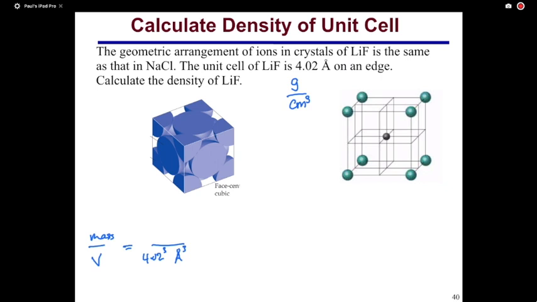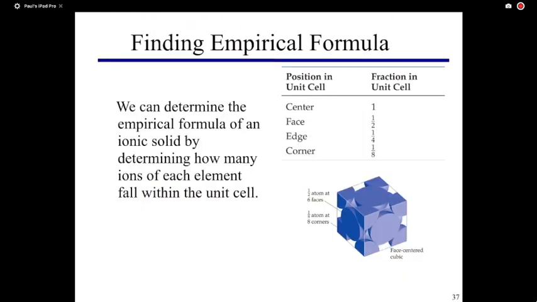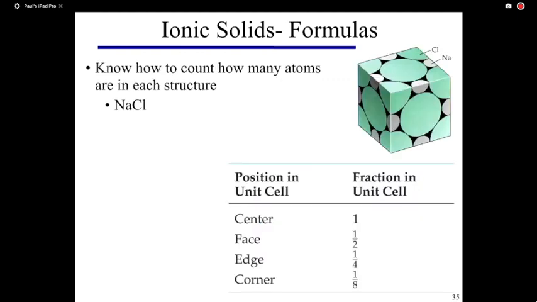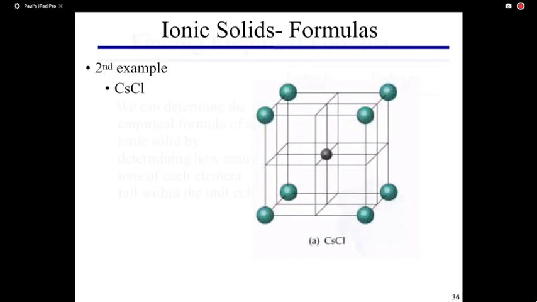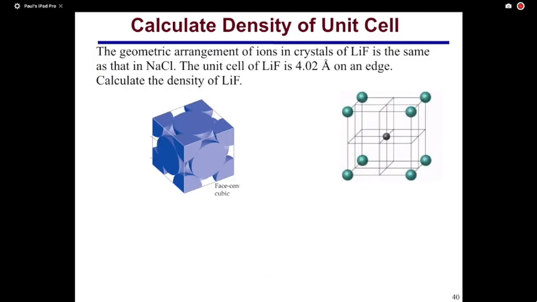A couple slides ago. Well, they were how many? We calculated 4 sodiums and 4 chlorides. This packs exactly like that. How do I know? Because the problem said it. So, how many lithiums and how many fluorides do I have in them? I have 4 lithiums and 4 fluorides inside that.